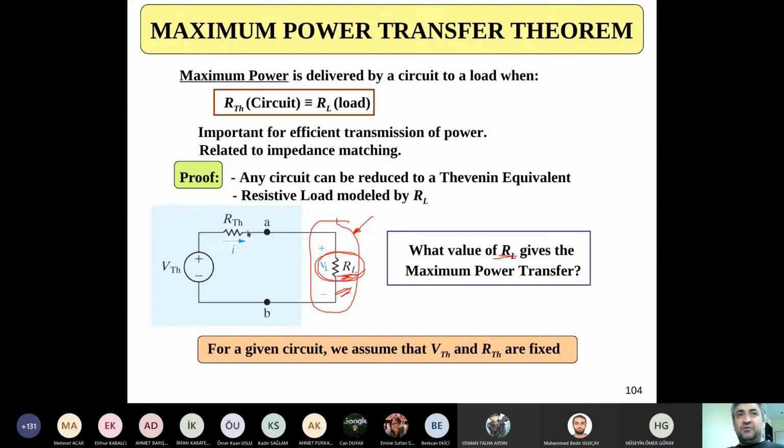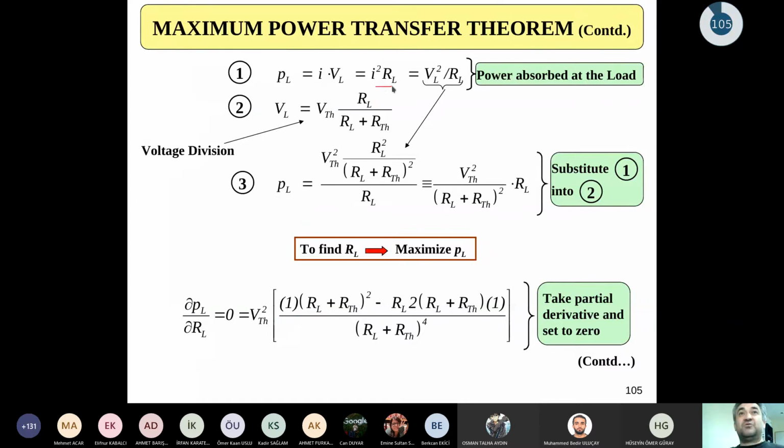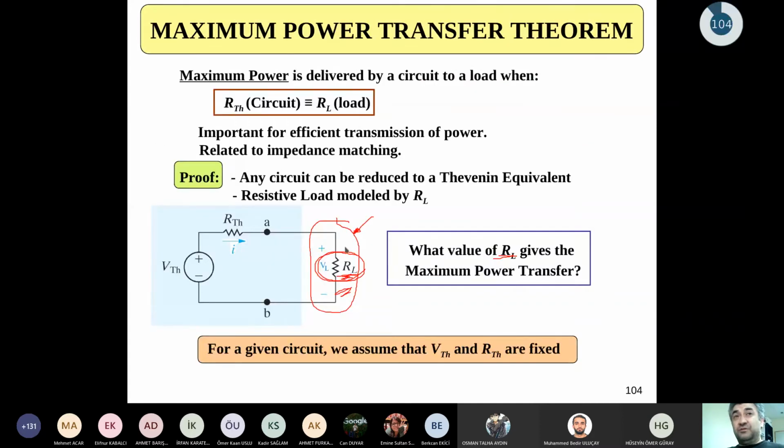For this circuitry, the power dissipated on R of L can be found using V of L multiplied with the current passing through it, or I squared times R of L, or VL squared divided by R of L. VL squared can easily be calculated using voltage division. Do you remember the voltage division?